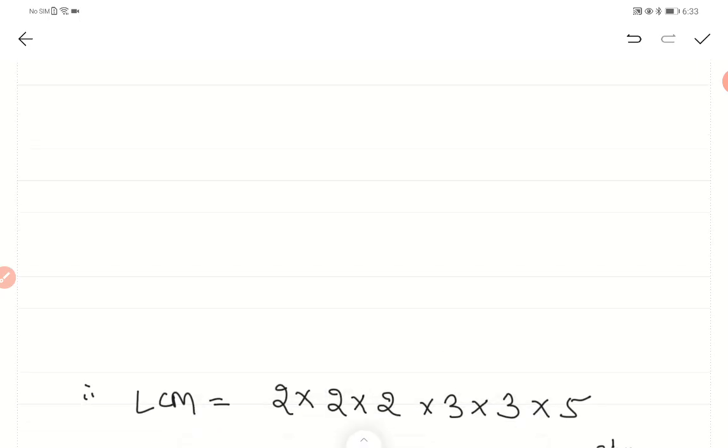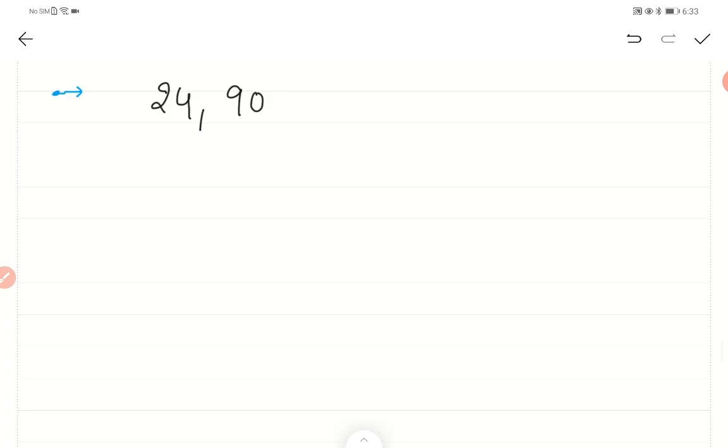For HCF of 24 and 90, you would take 24 and 90 individually, find the prime factors, and take the common ones. But for LCM, you will take 24 and 90 together and divide with the smallest factor.